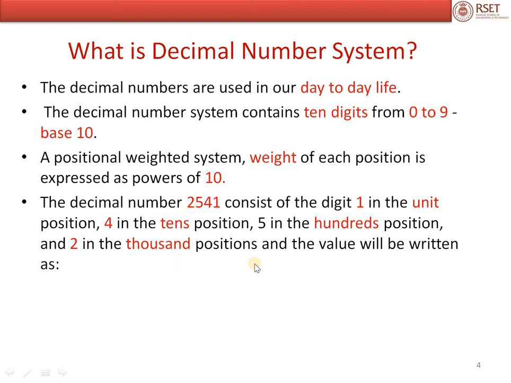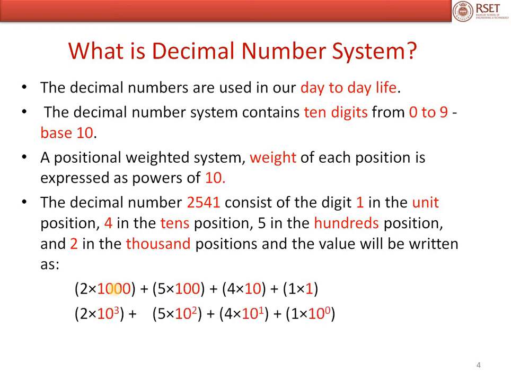So its value can be written like this: unit, 10, 100 and 1000, or with the weight of each position as a power of 10. So this value will become equal to 2541.